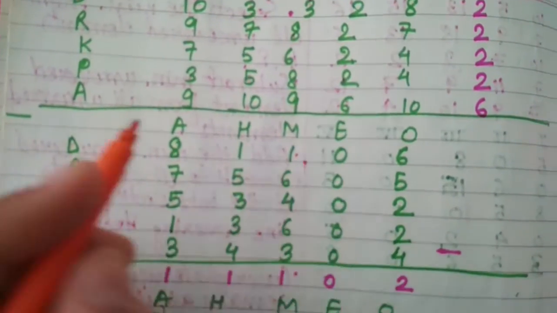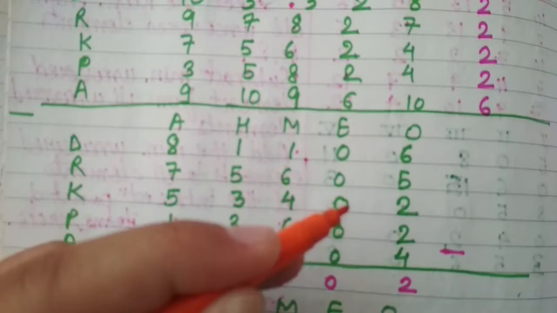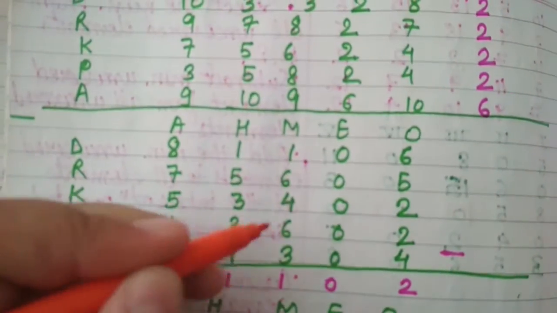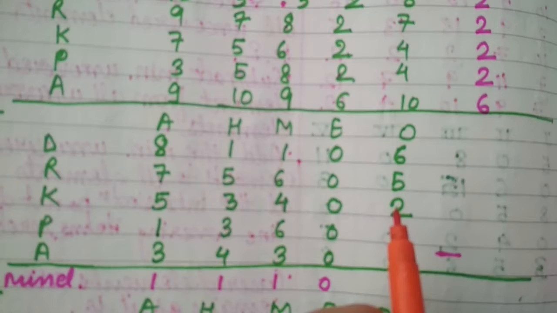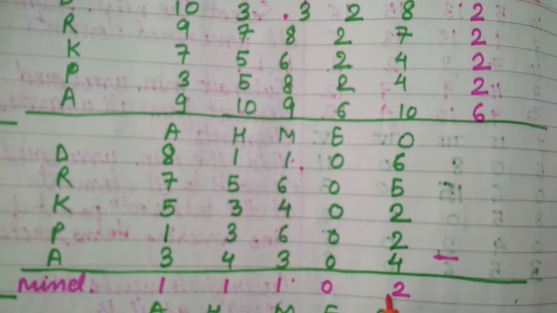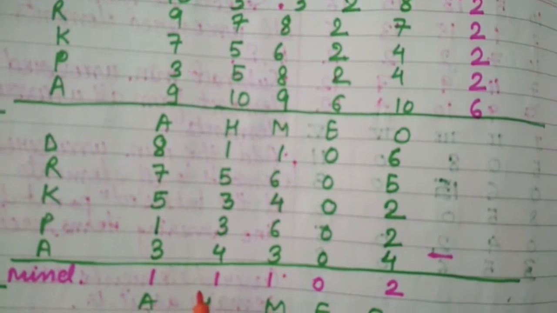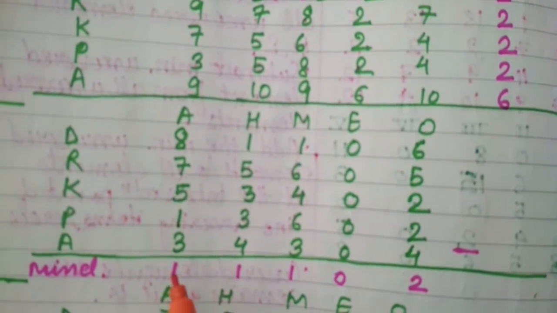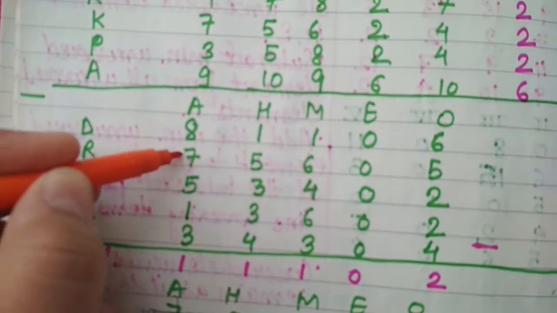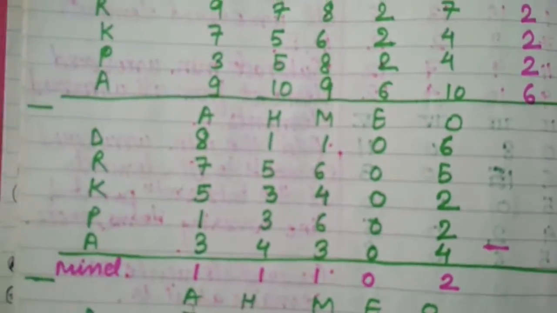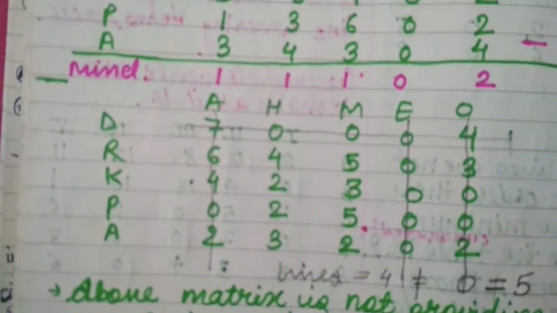After we have done this, now we find the minimum from each column. From this column it's 1, here it's also 1, from this column it's 0, and from this column it's 2. Now we have got these minimum values. Next we subtract these minimum values, like this 1, from each individual value of the column. After subtracting this, we have this new table.